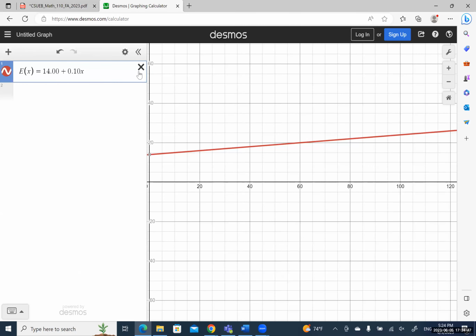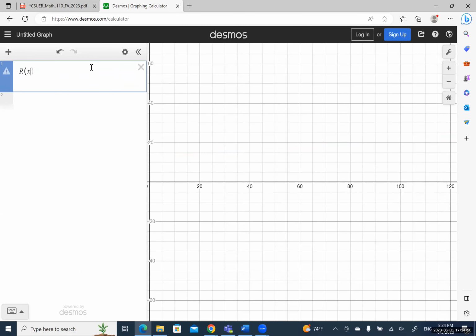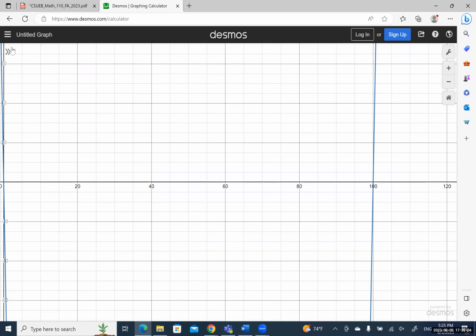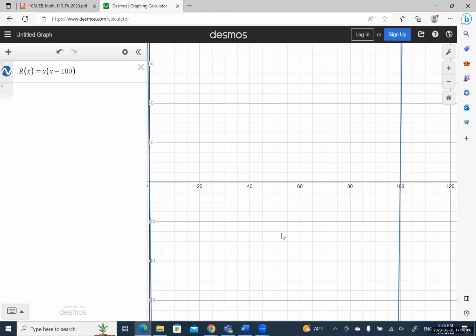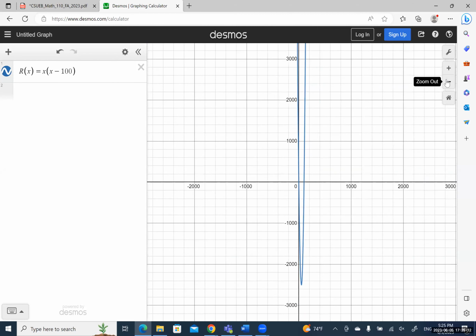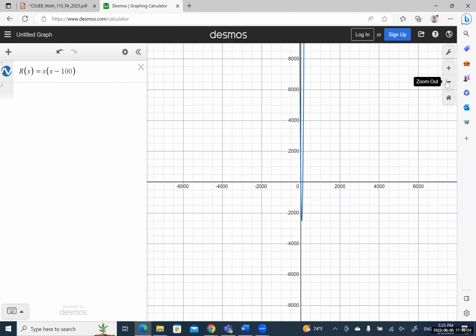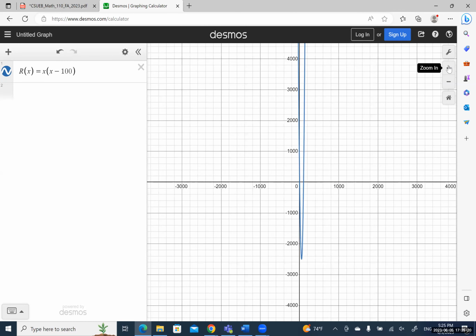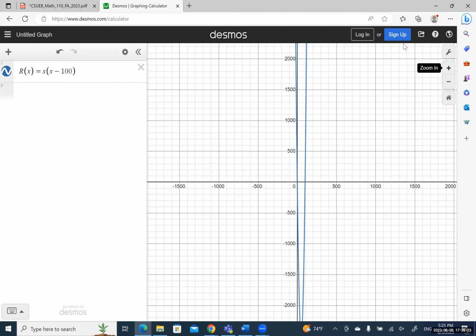Let me enter R(x) equal to x times (x minus 100). All right, as you see here, something was incorrect. Let me see. There is supposed to be a negative here.